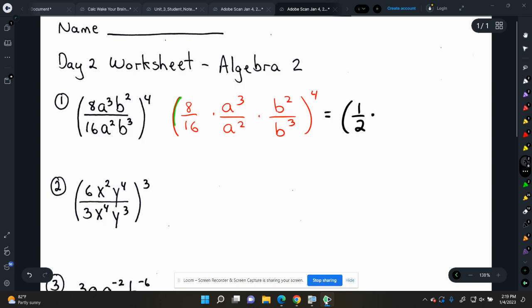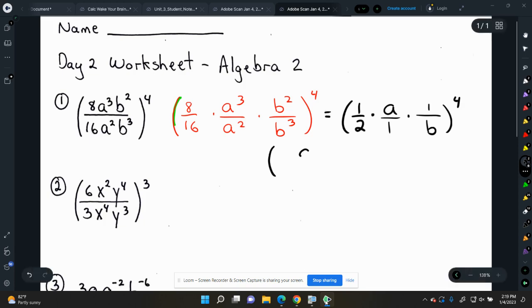Now I've got a to the third over a squared. What happens there? Becomes a on top, right? So I'm going to put that over 1. How about the b squared over b to the third? Right, 1 over b. Okay, we good so far? Okay, so what do we have inside?